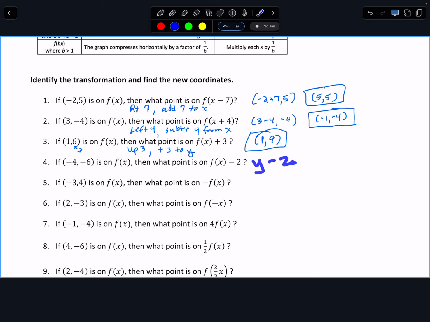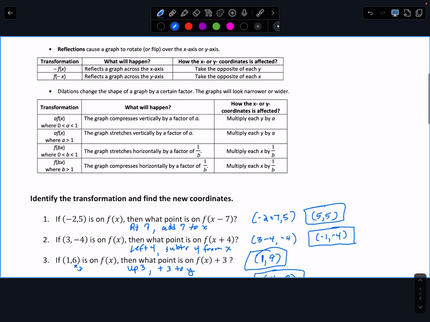And so you're going to be going down 2. So subtract 2 from y. So minus 6 minus an additional 2 is going to be a minus 8. And that's where that point goes.